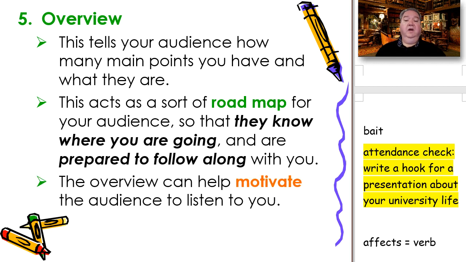And this can actually help motivate the audience to listen to you. If you say, oh, I'm going to talk about this, this, and this, your audience may say, oh, I want to hear about that. I'm interested in that. That sounds like something I could use. Okay, so it can help motivate them to encourage them to actually listen to you.